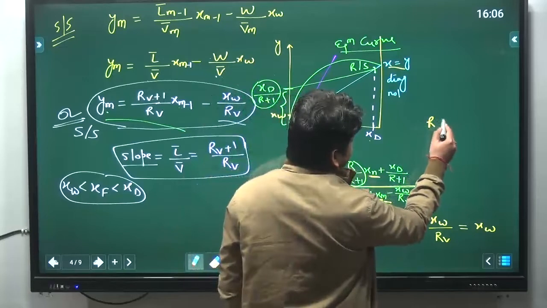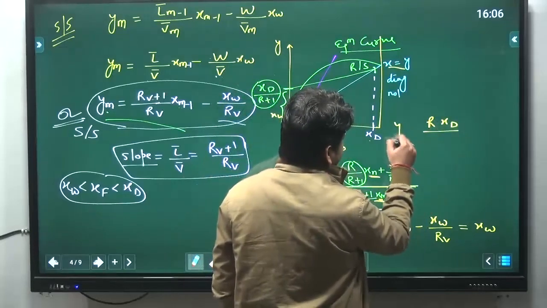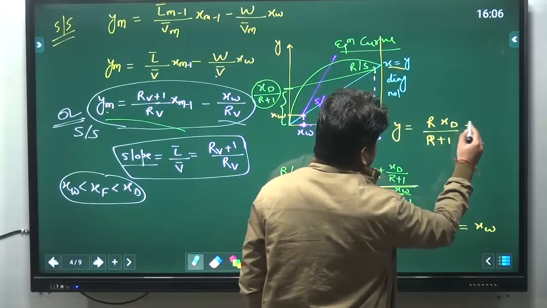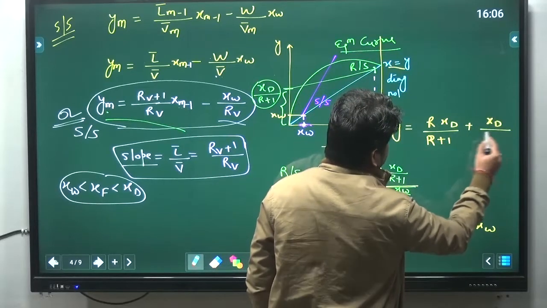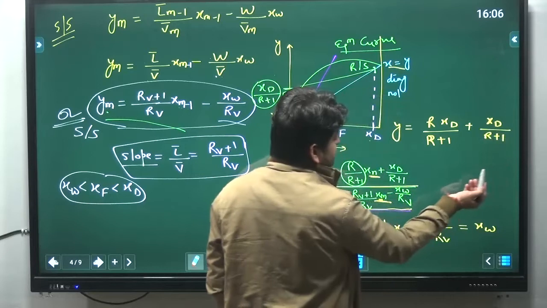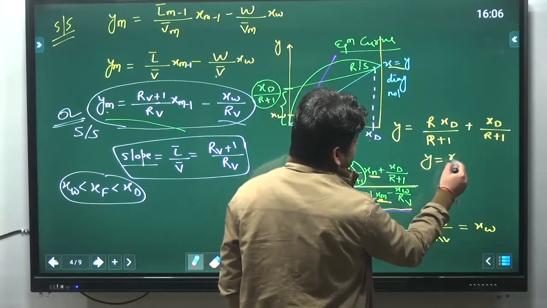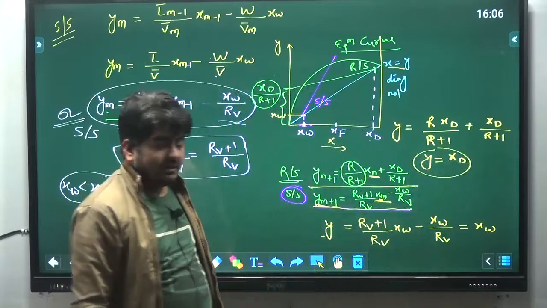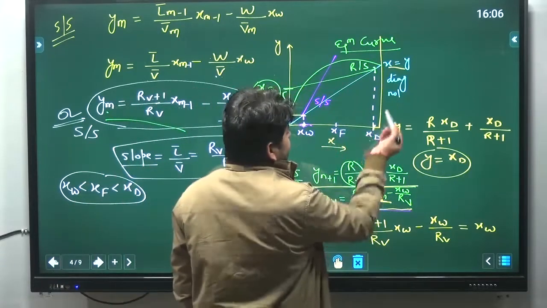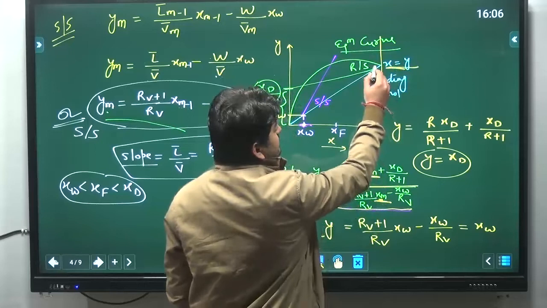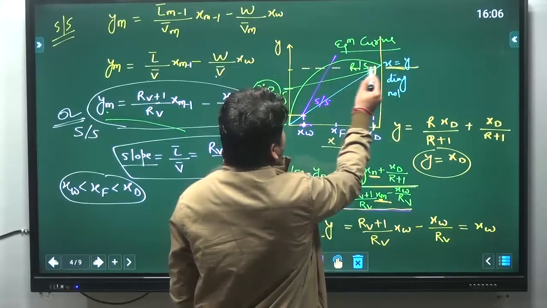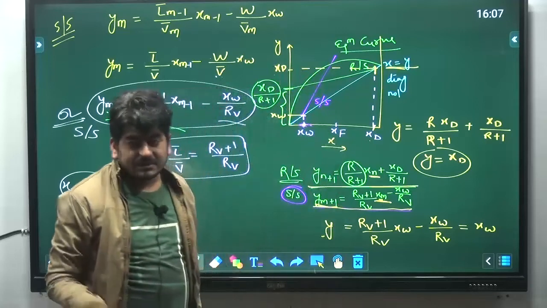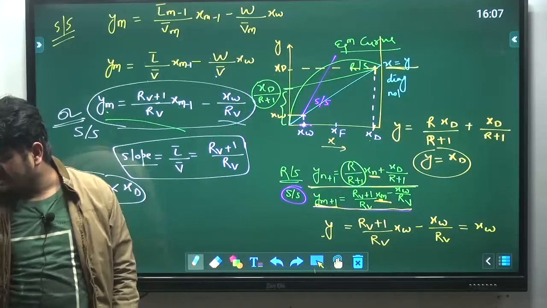So the equation will be this, and you can see y is equal to xd. So on the x equal to y line, this value will be xd. That's why it is starting from the diagonal.